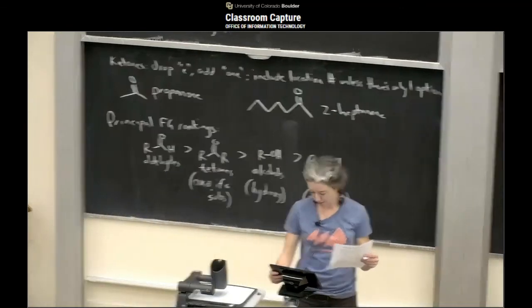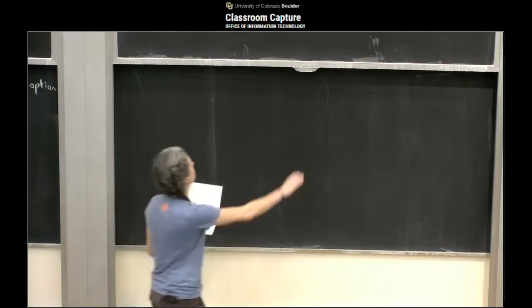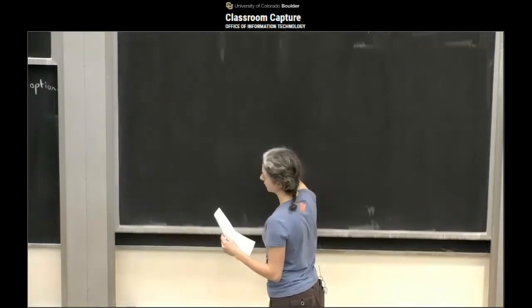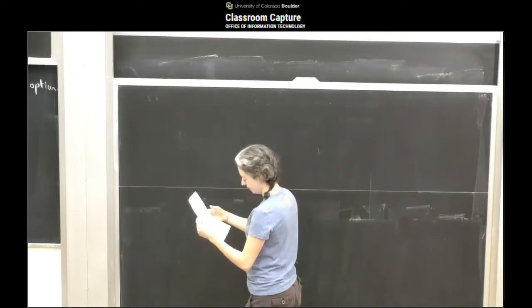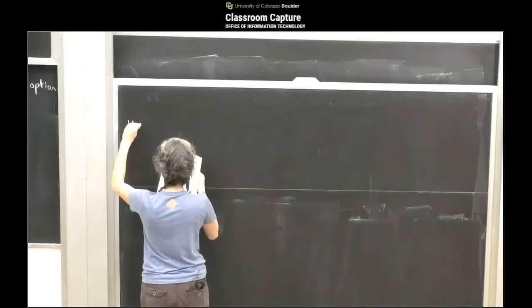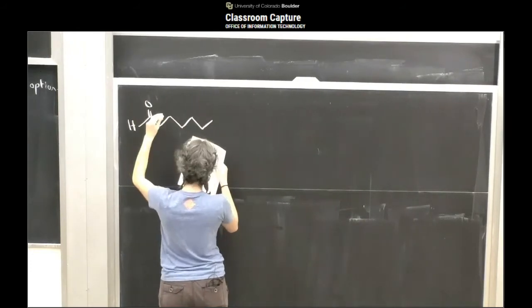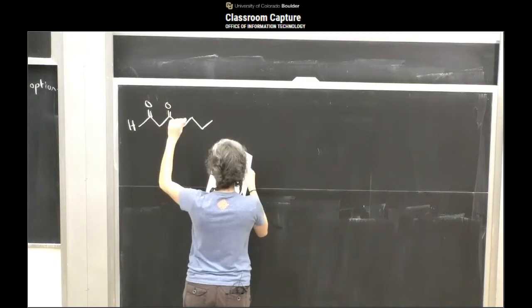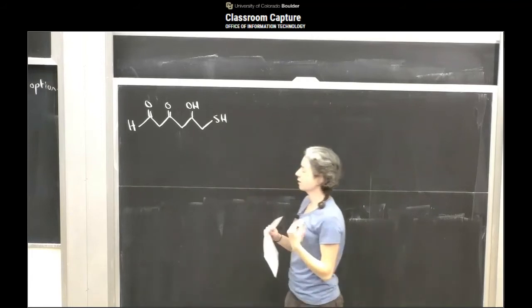Okay, so how that might look in a molecule with all 4 of these groups on it. So we got an aldehyde, a ketone, an alcohol, and a thiol, all coming off the same molecule.